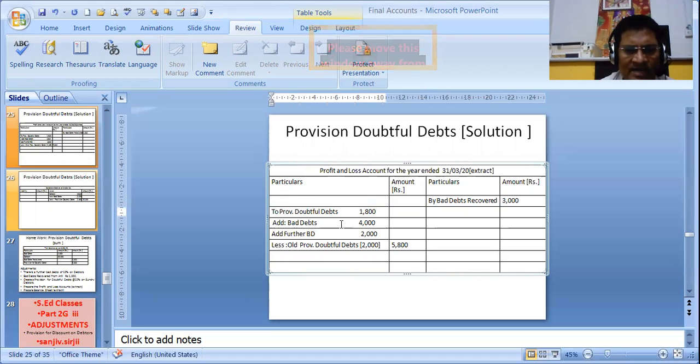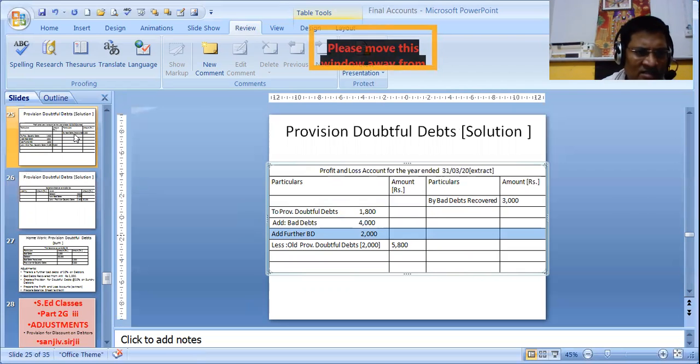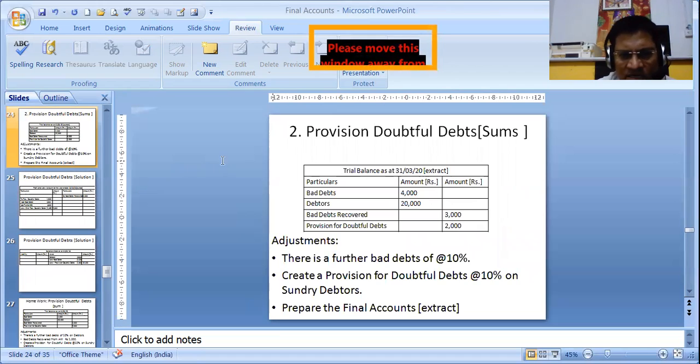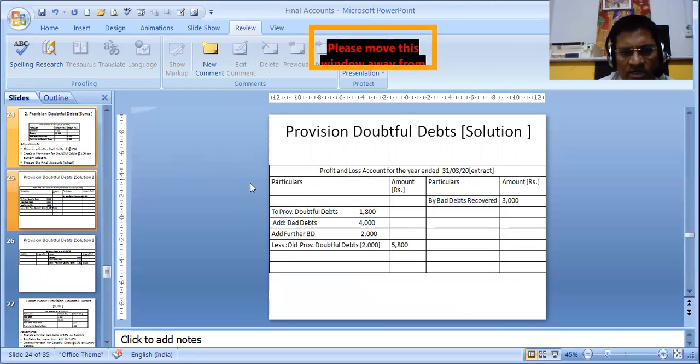We had bad debts in the trial balance of 4000 that we have recorded. In the adjustment there was a further bad debts of 10% of the debtors. The debtors value was 20,000, so 10% is 2000. So that is further bad debts.